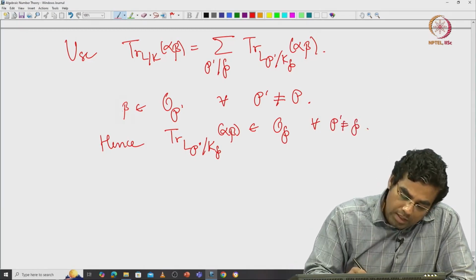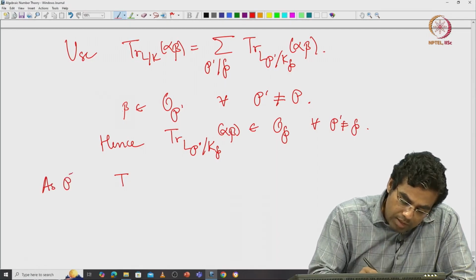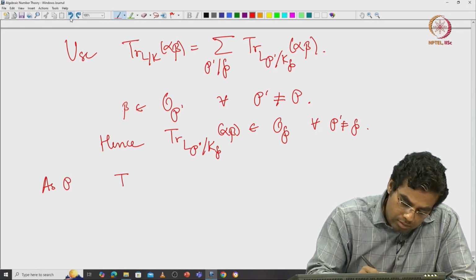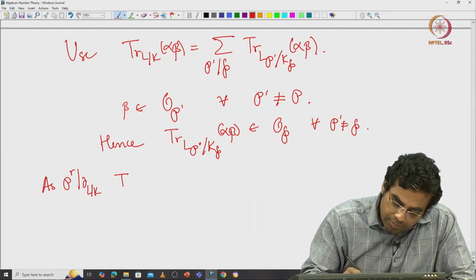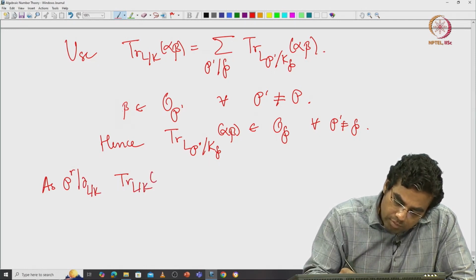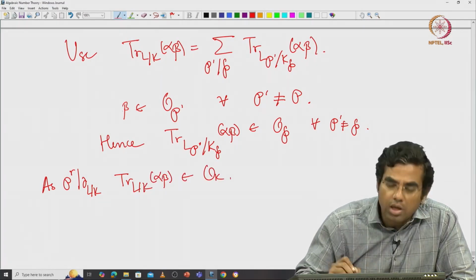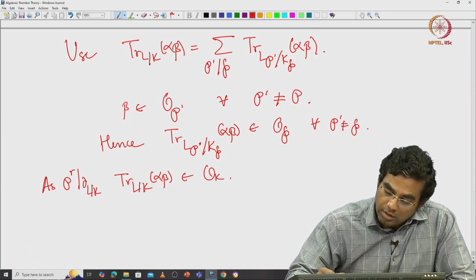Okay. On the other hand, as P to the r divides this different, the trace from this to this is also contained in O_K.